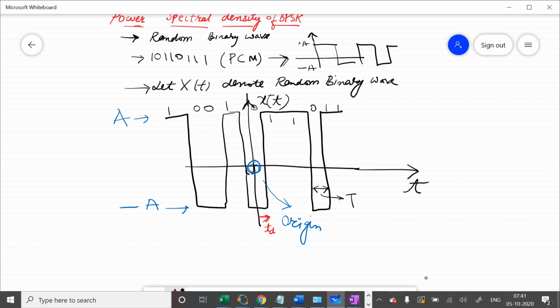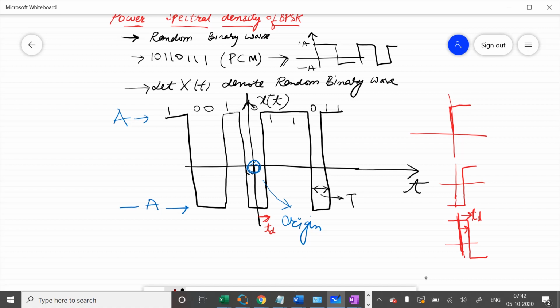Ideally the pulse should start at time t equal to 0, but it can start like this also, or like this. So it's not usually synchronized. Around t equal to 0, this pulse can start anywhere, and I denote that time by td.